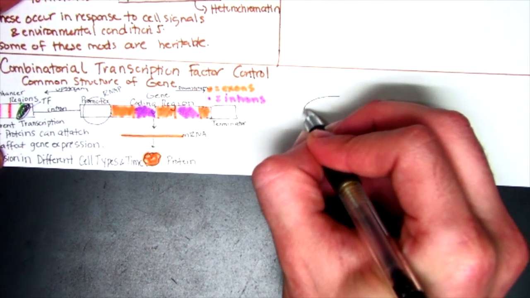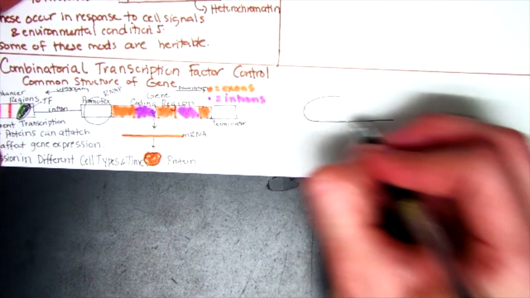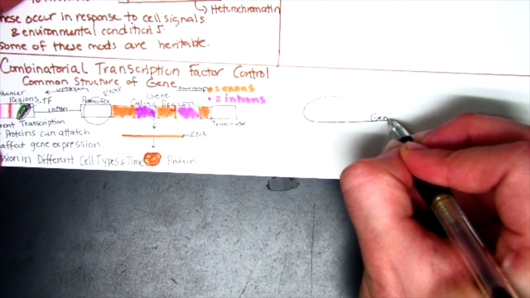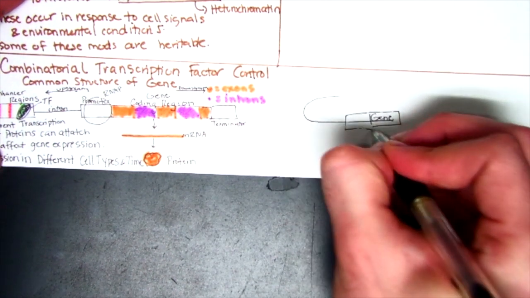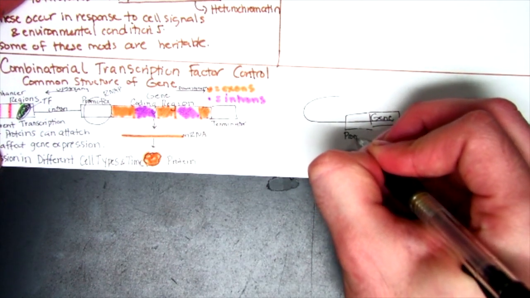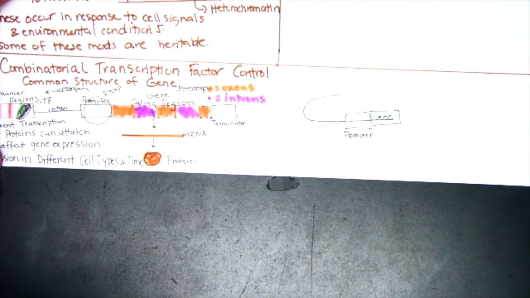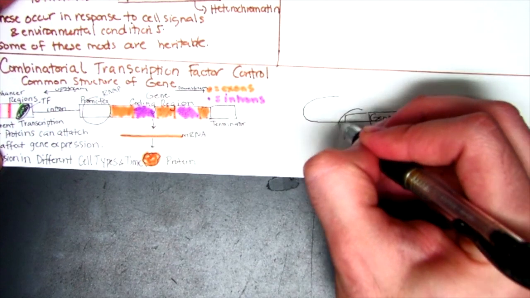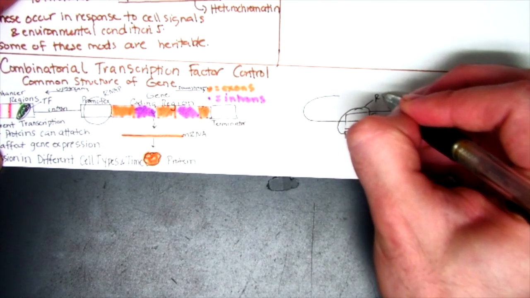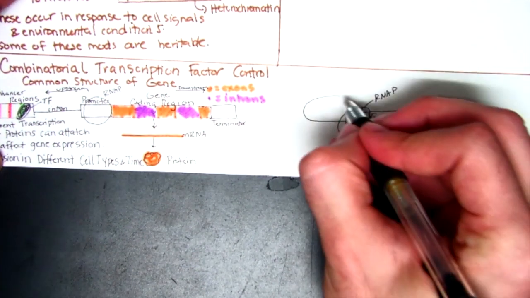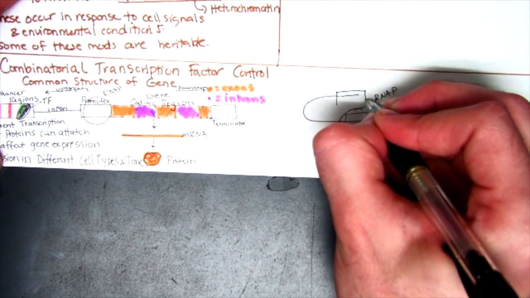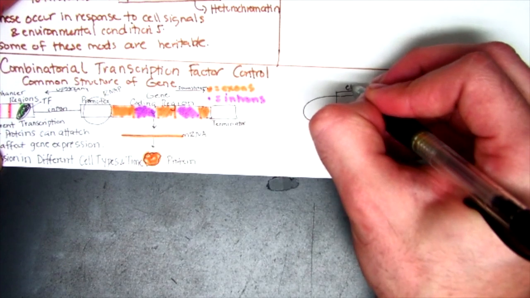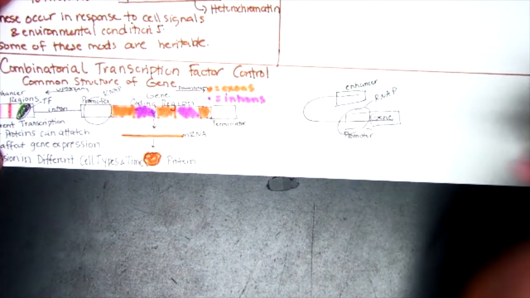So, I'm just going to draw a simplified version of this. This is our gene. This is our promoter. This is my RNA polymerase. And my enhancer.